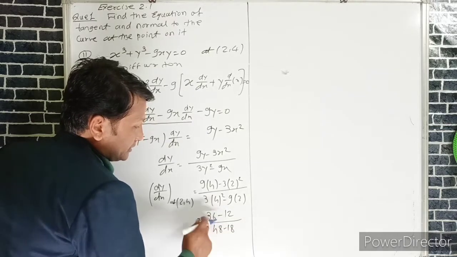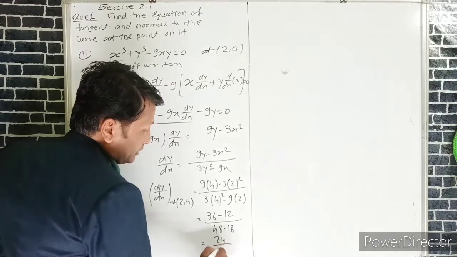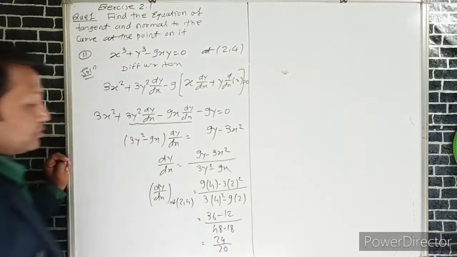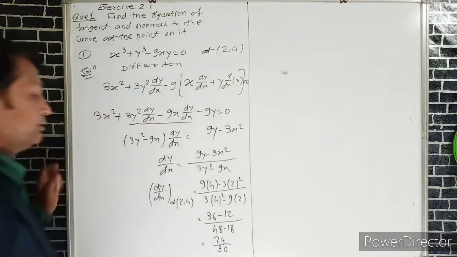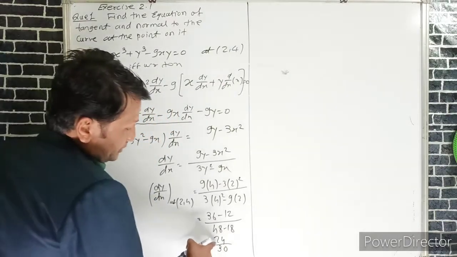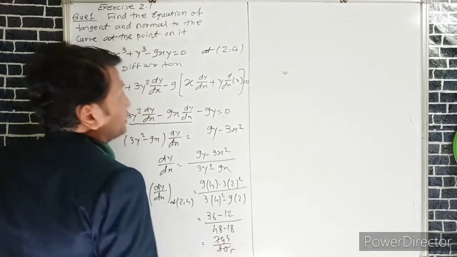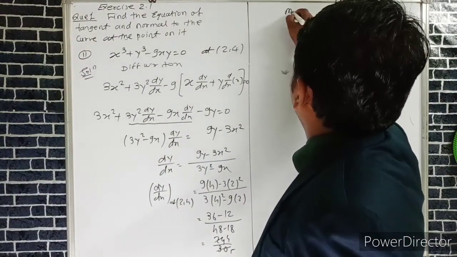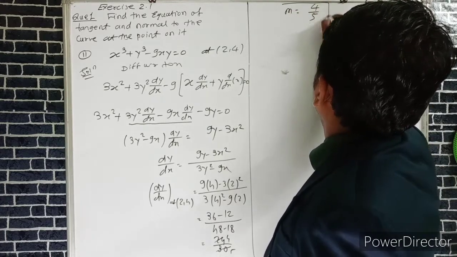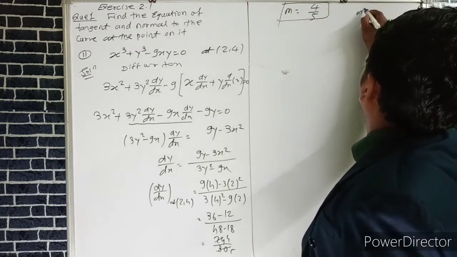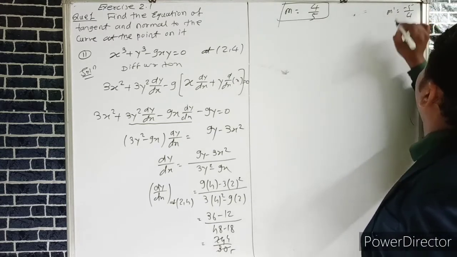We can write this 36 minus 12, 24 upon 30. So here, if we take 6 common, 6 into 4, 6 into 5, the slope of the given curve m is equals to 4 upon 5. It means that m dash is equals to minus 5 by 4, we can write.